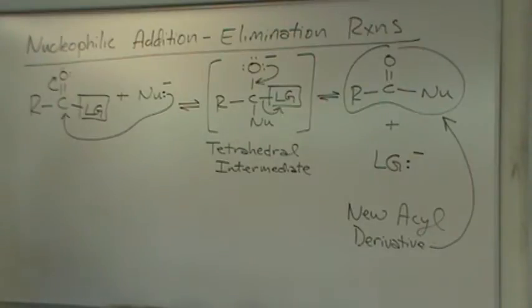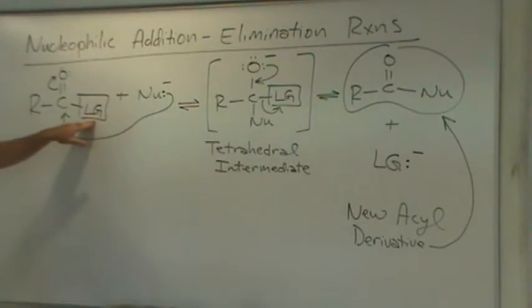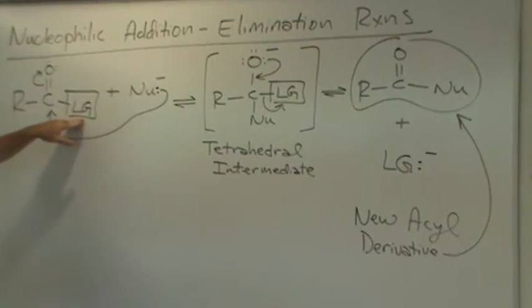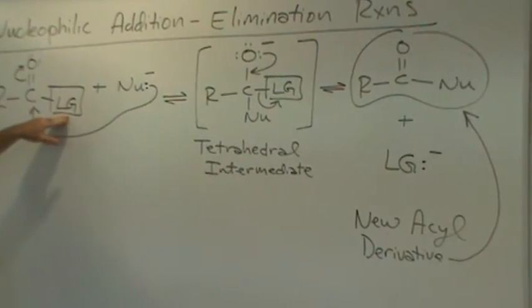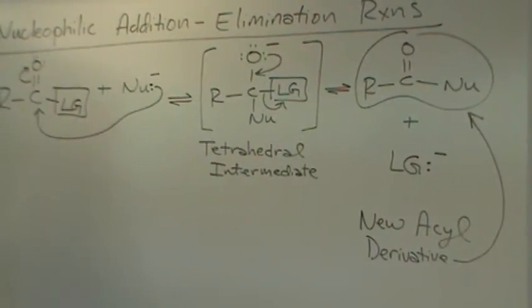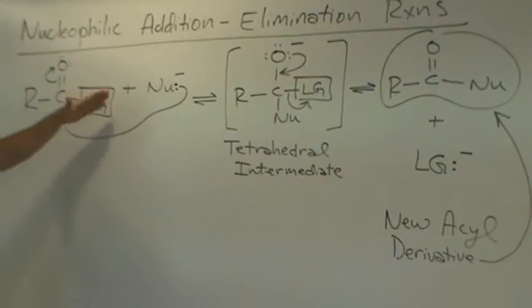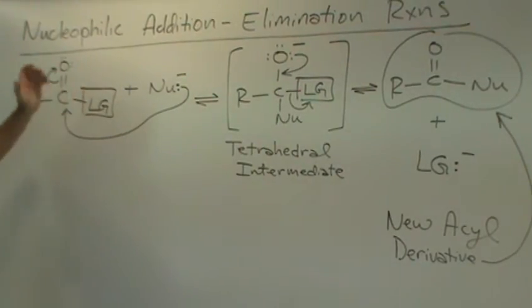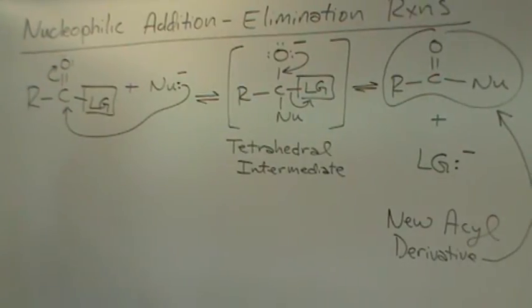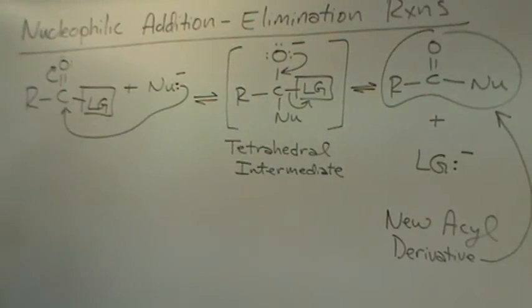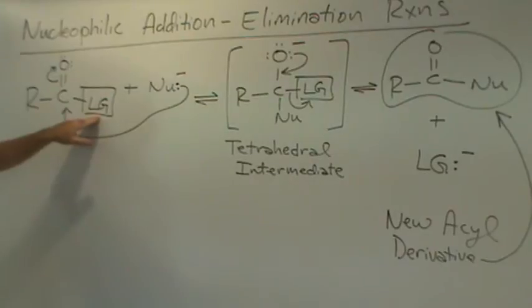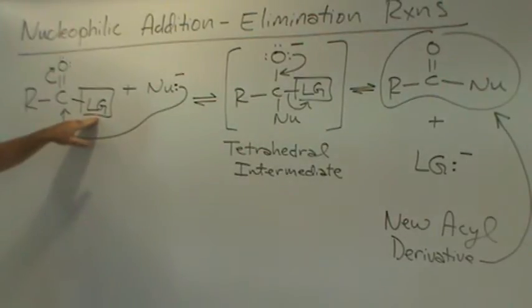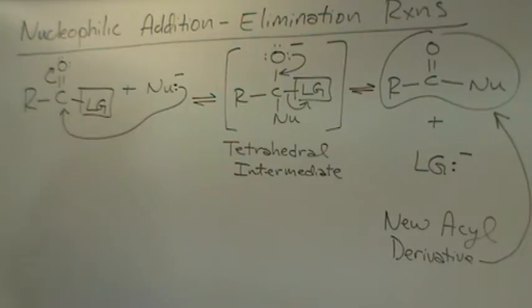In the case of an acid chloride, it's going to be a chlorine atom, or the leaving group would actually be a chloride anion. If this were an ester, for example, then there would be an OR prime here, and the leaving group would be RO minus, or an alkoxide anion, etc. So the leaving group label here is describing all of the carboxylic acid derivatives generically.